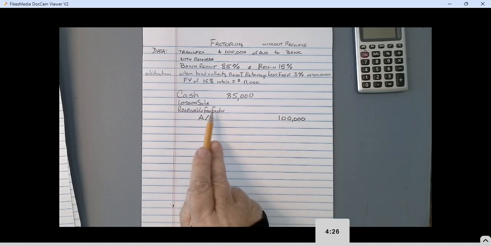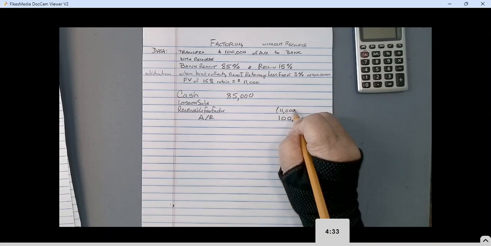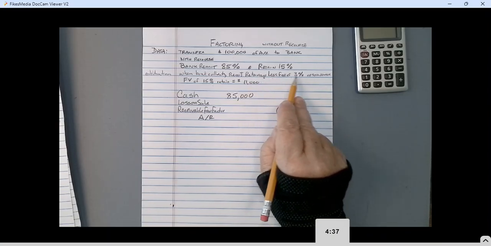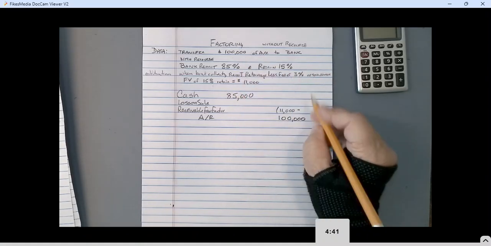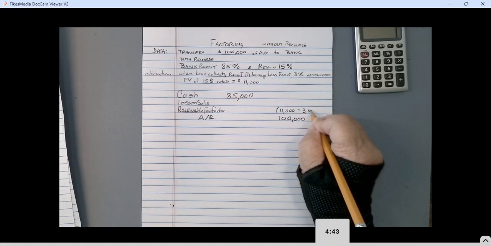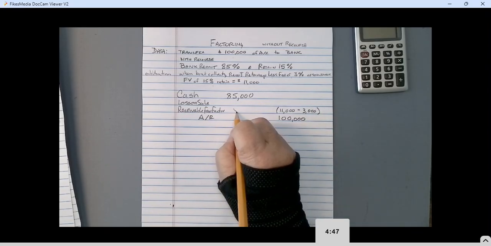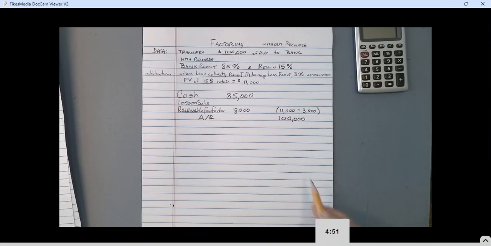Okay. So the receivable from the factor is the fair value, 11,000. That's the retainage, and they're going to subtract the fee of 3% of the total amount. So that's 3% of 100,000. That's 3,000. Okay, so I have a receivable for 8,000 from the factor.